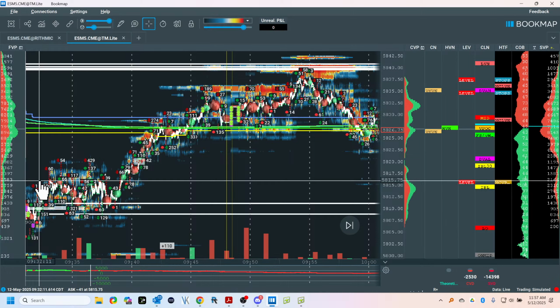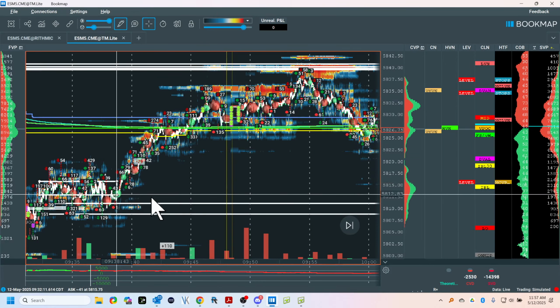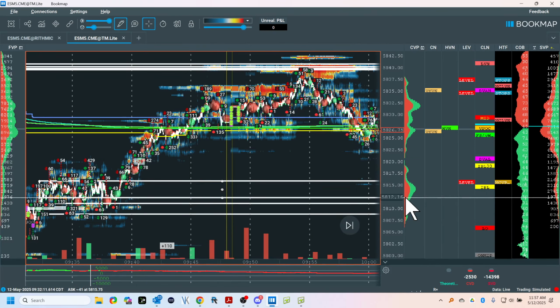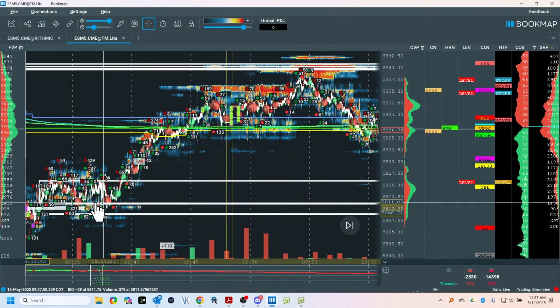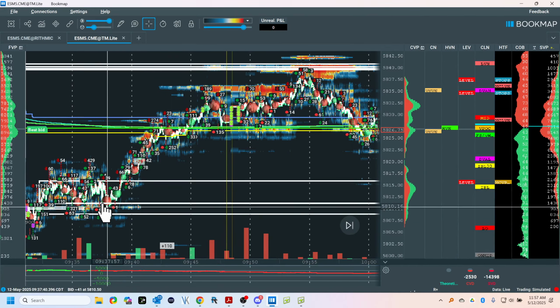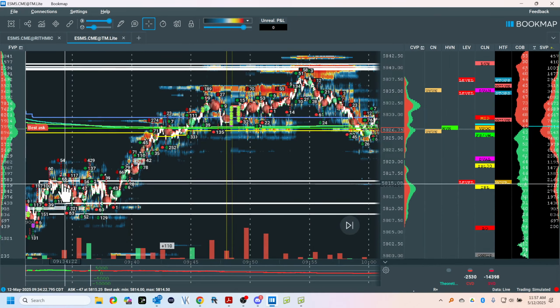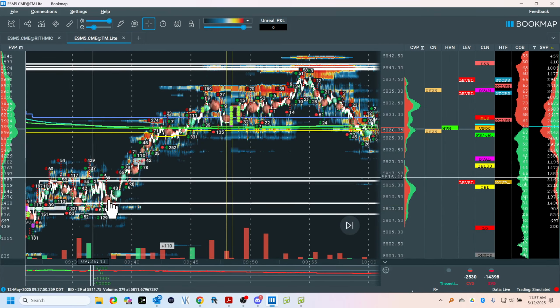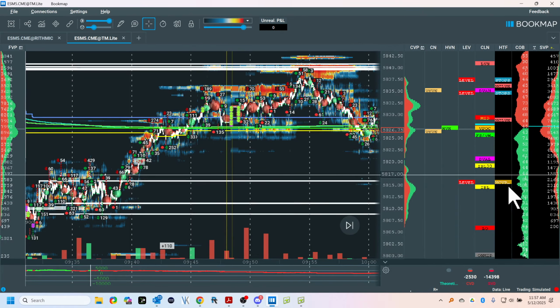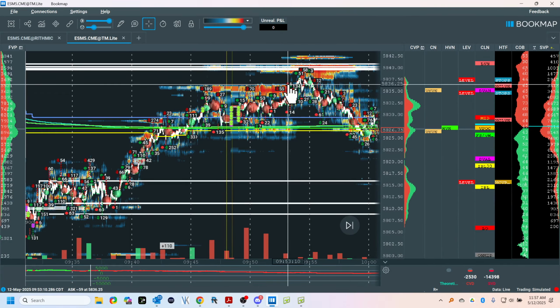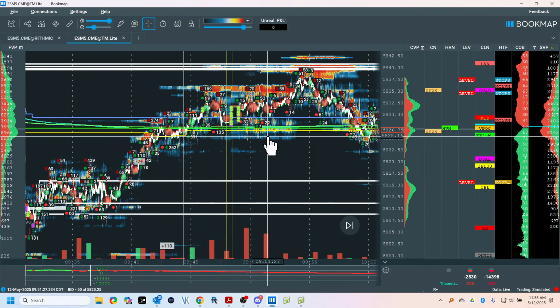I'm going to draw another one of these little things so we know where these locations are. Sellers are here. Buyers are here. See the red bubbles? Absorption. Buyers. Where are the sellers? Here. Where did the buyers take over? There. Now, where's my location? There, there. What's this? Resistance. Let's look, see what it does.